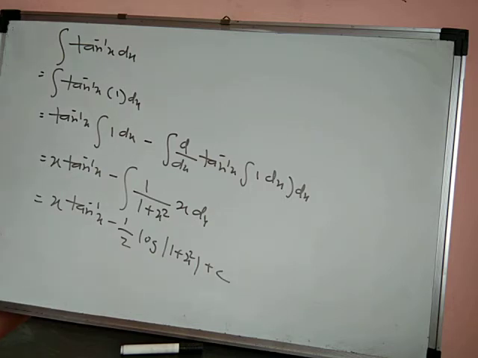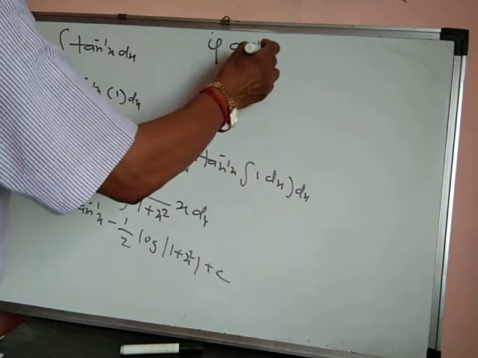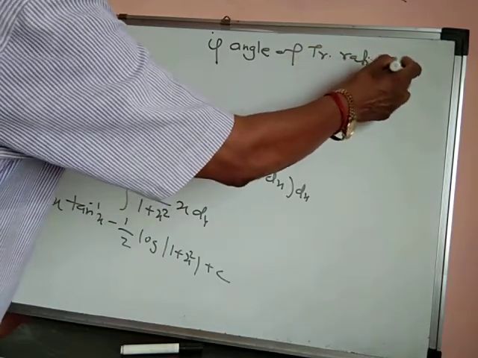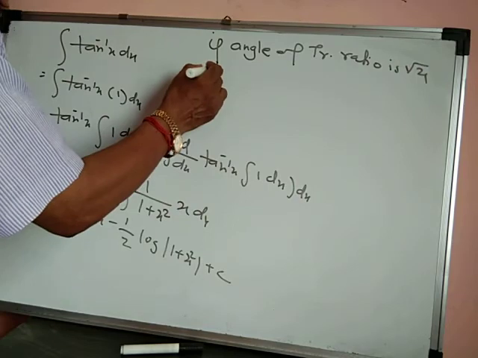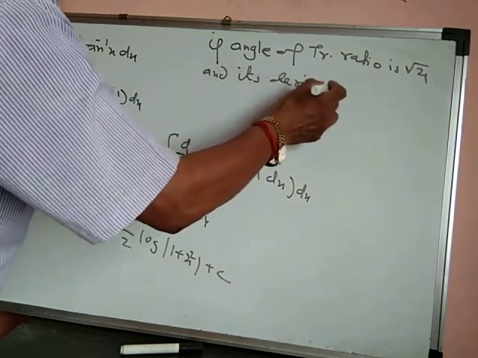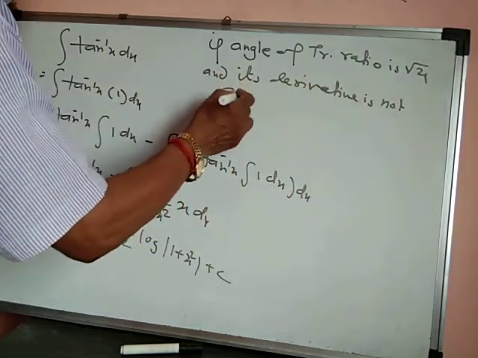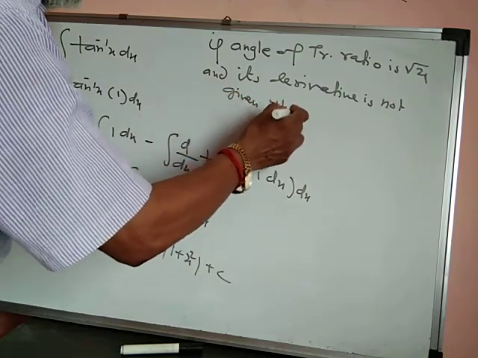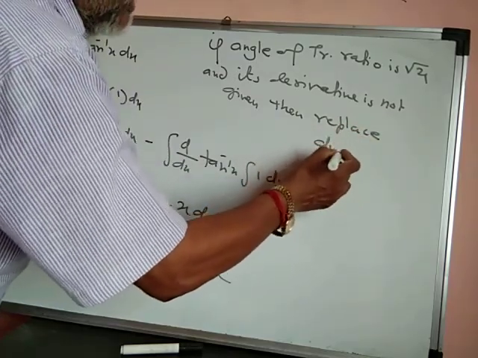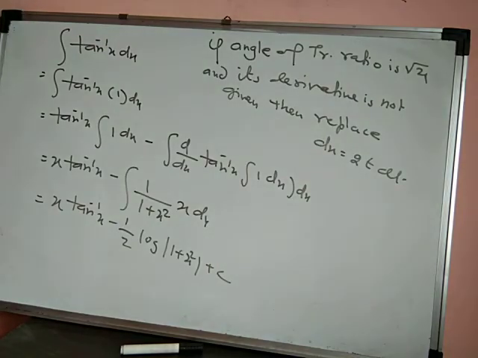Now remember, if the angle of a trigonometric ratio is root x and its derivative is not given, then replace dx by 2t dt.